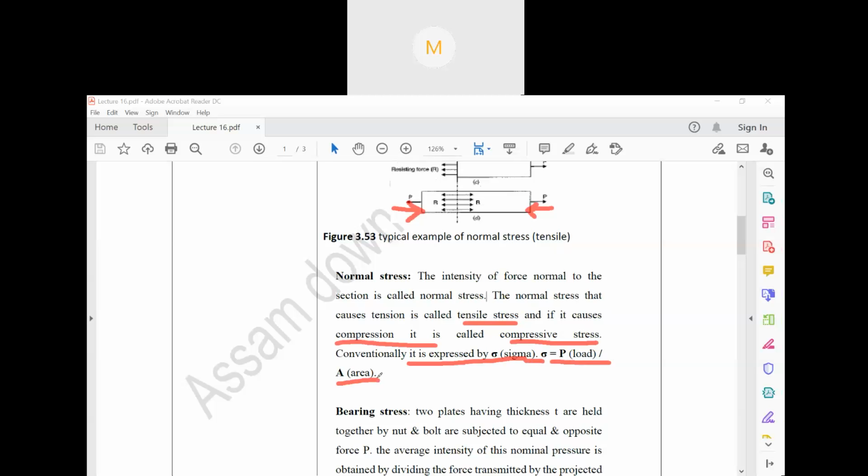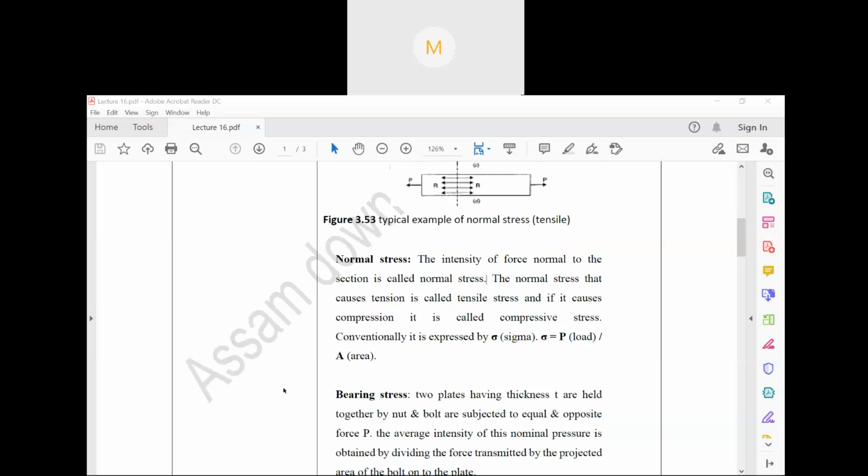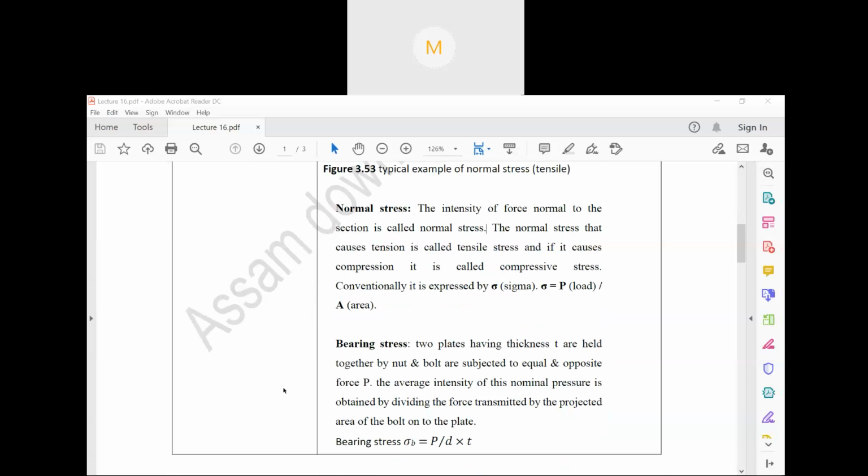Now let us go to the next one. What is bearing stress? Okay. Now what is bearing stress?